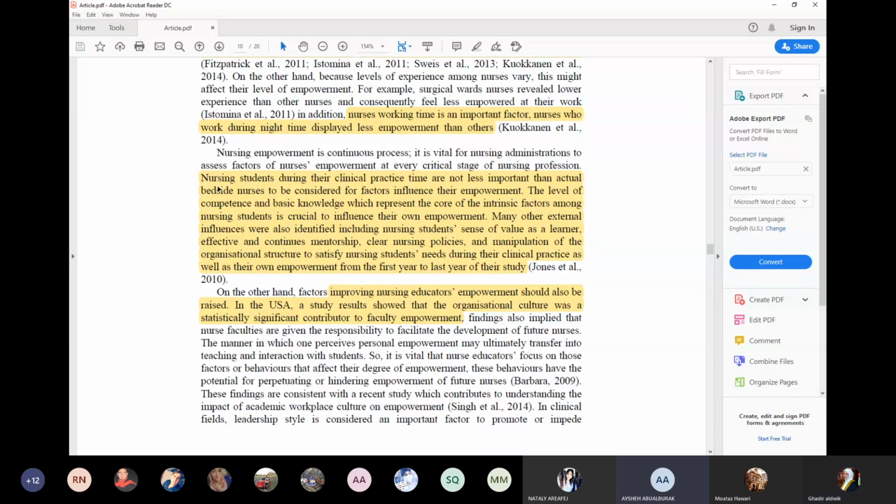Nursing students during their clinical practice time are not less important than actual bedside nurses.